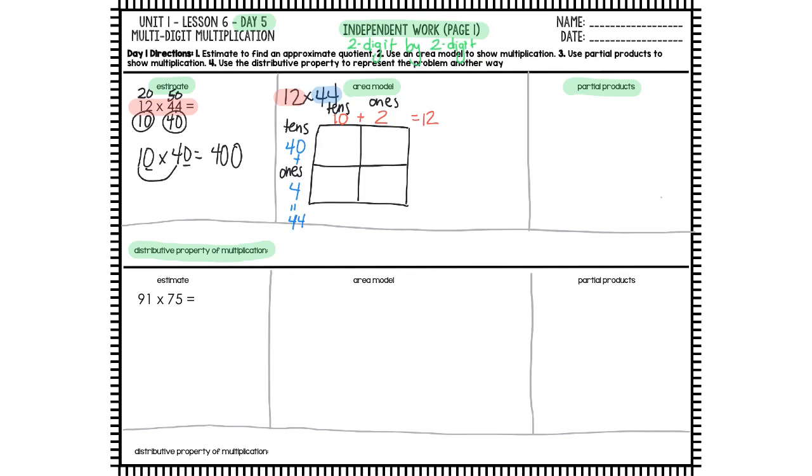Okay, so as we do this, I'm going to show you. I did them in different colors so that we can see where each part goes. So when we multiply, we will start in the ones. However, it works no matter what order you do them in.